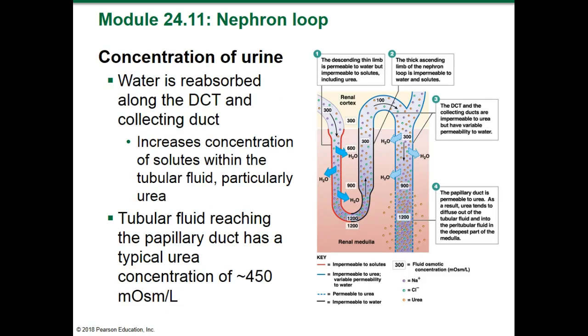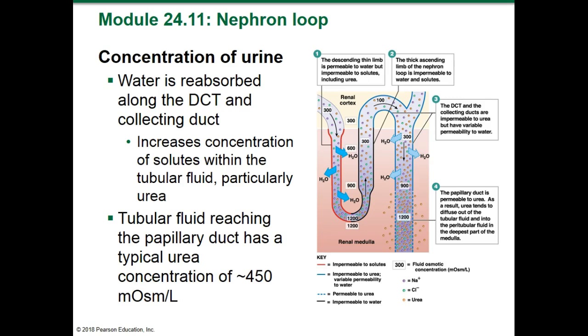Okay, the concentration of the urine: water is reabsorbed along the distal convoluted tubule and the collecting duct. So there's the distal convoluted tubule. They're not showing it very convoluted, but they're just showing you the area. And there's your collecting duct. So water now is being reabsorbed along distal convoluted and collecting duct. So we're pulling out more water, and that's shown here.